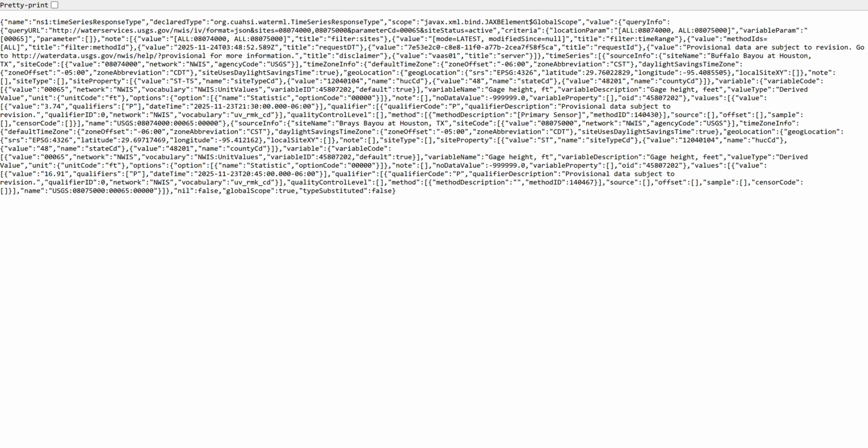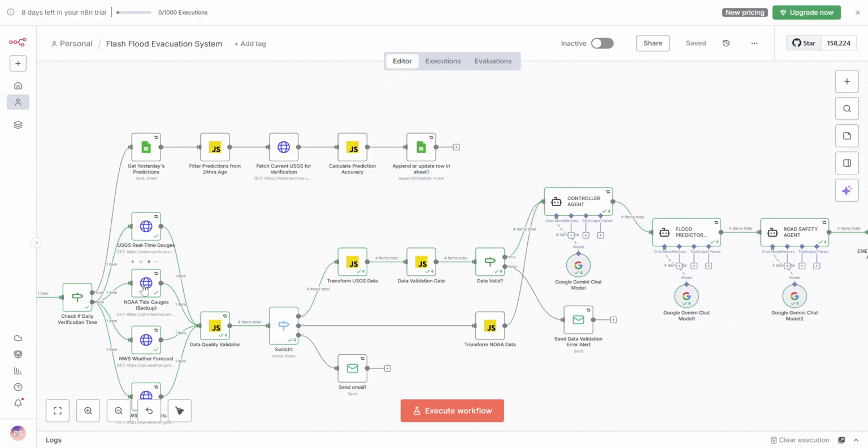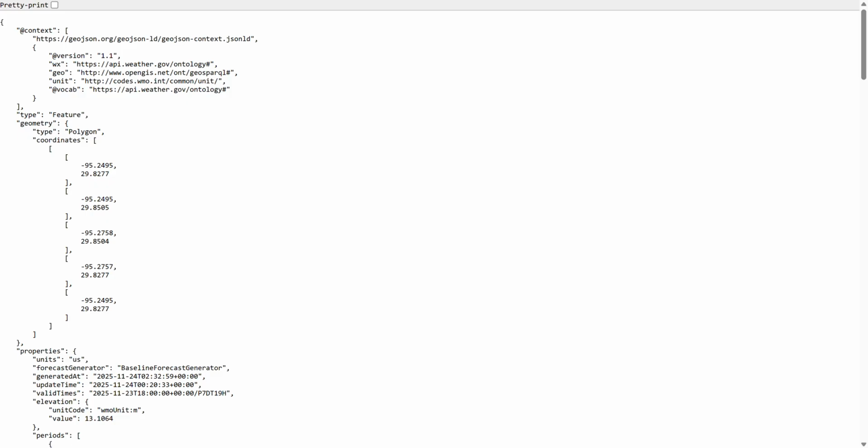Then secondly, we have the NOAA tide gauges. This is the National Oceanic and Atmospheric Administration, which provides backup water levels for Galveston Bay.